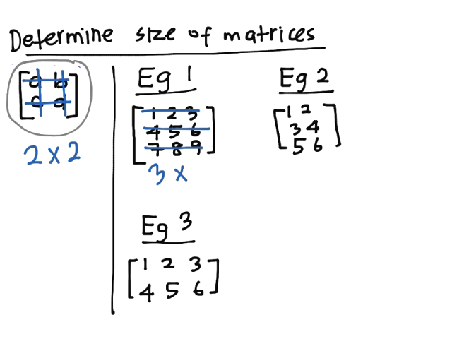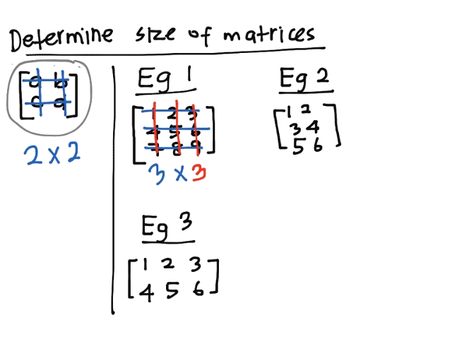Now we go with the columns, which I'm going to represent with red color. Columns go vertically, so we have 1, 2, and 3 columns, which means the size of this matrix is 3 by 3.